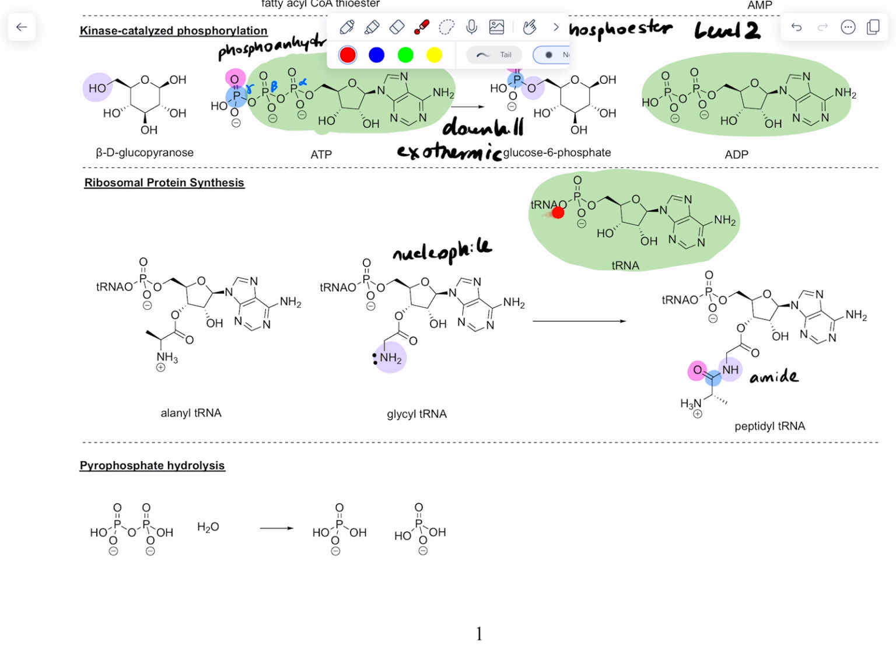So this tRNA abbreviation just means tons of other nucleotides in an RNA. Okay, so then let's highlight it over here. Here is the leaving group. That would make this the carbonyl carbon and this the carbonyl oxygen. Is that pretty clear? Any questions about how we made that decision?